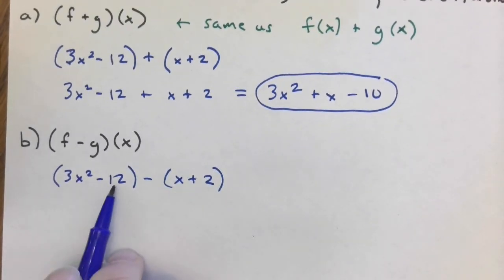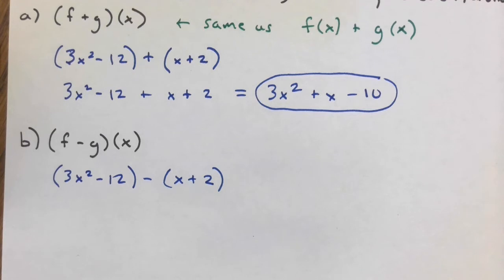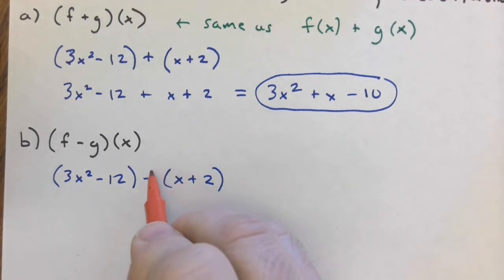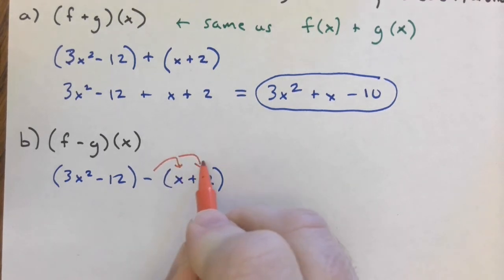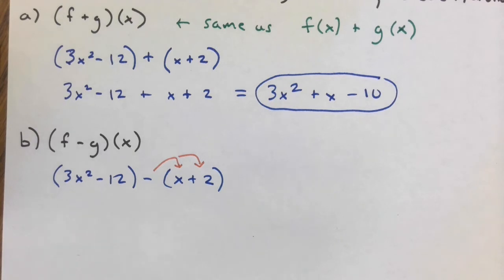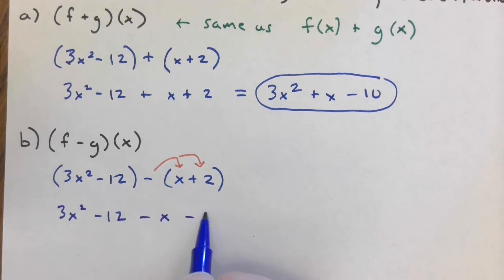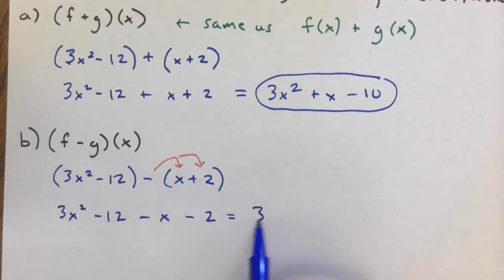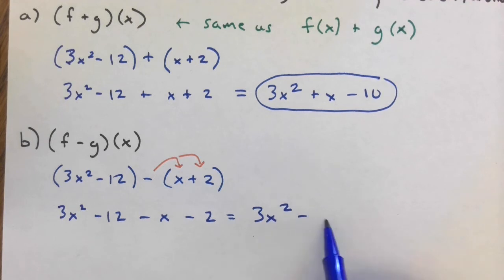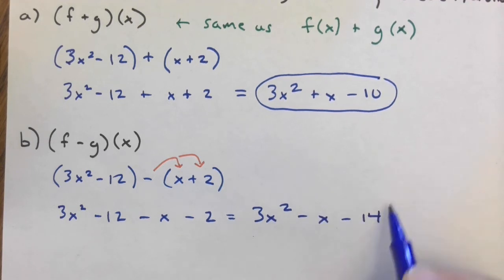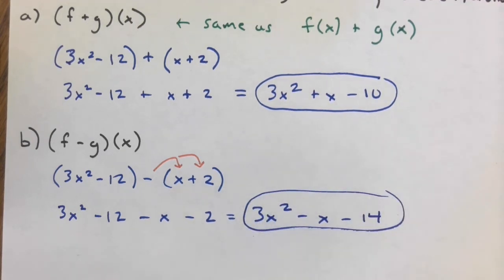This first set again we can drop off, but I do need to take that subtraction in front of the second set of parentheses and subtract both of the terms inside. So we'd have 3x squared minus 12 minus x minus 2. Combining like terms would give us 3x squared minus x minus 14 for our final answer there.